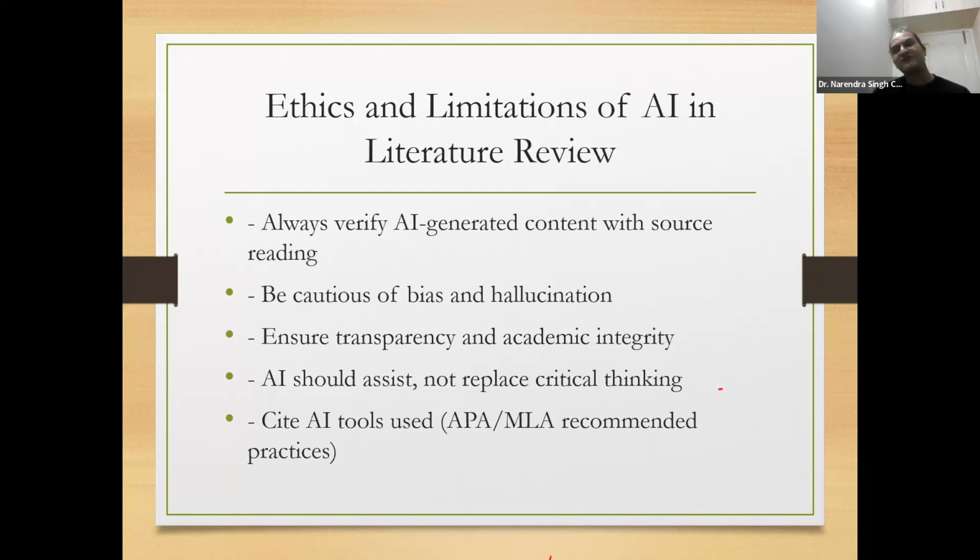Or you can give a declaration that, okay, for the language refinement, the AI has been utilized. That is perfectly fine. But the idea, the methodology and everything, whatever is done, is very much done by you only. It is not copied or generated with the help of AI. So you have to make sure of that. You can give a declaration, you can use it.